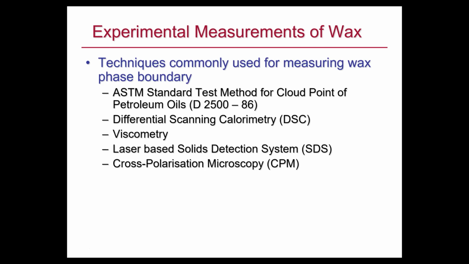Differential scanning calorimetry: wax formation is exothermic, so we measure the heat released upon wax formation and the heat absorbed during wax melting and find the wax appearance and disappearance. But because you need a high rate of cooling and heating, the results are not very accurate.